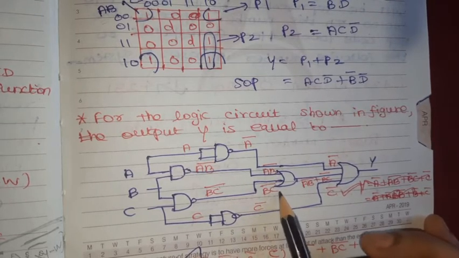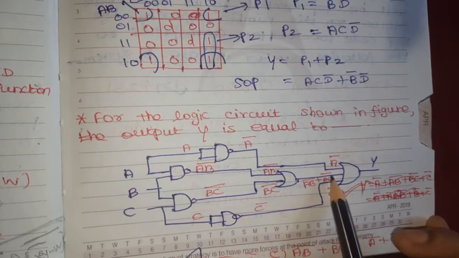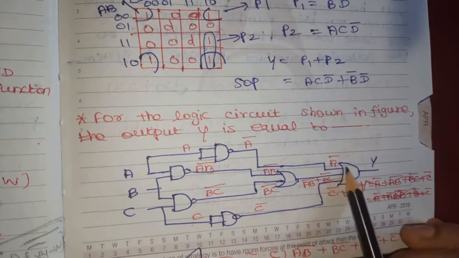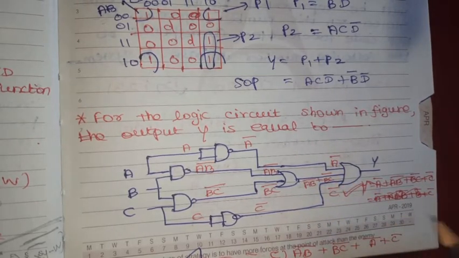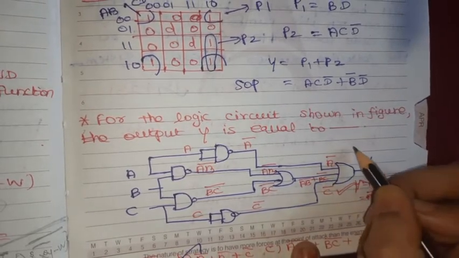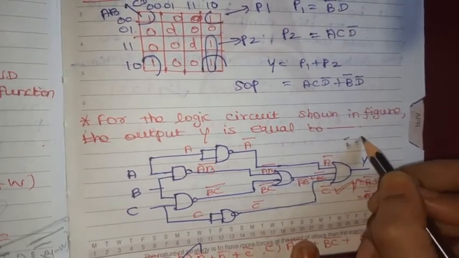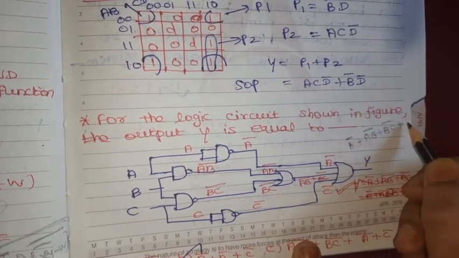So what is the output of this OR gate? AB bar plus BC bar. Okay. Then all 3 will give to the OR gate. Again addition. So what we will get? A bar plus AB bar plus BC bar plus C bar.